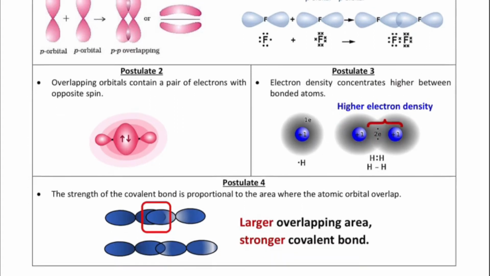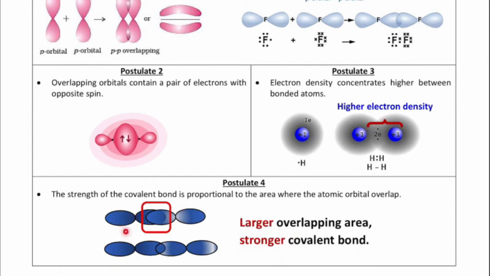Okay, and the last postulate, the strength of the covalent bond is proportional to the area where the atomic orbital overlap. Okay, so maksudnya kekuatan covalent bond tu bergantung kepada area overlapping orbital tu. Kiranya kalau larger overlapping area, the covalent bond is stronger.